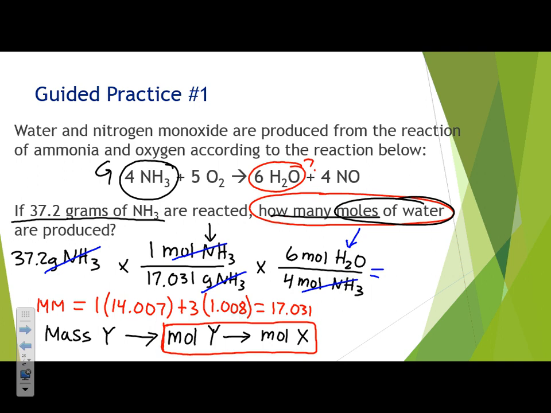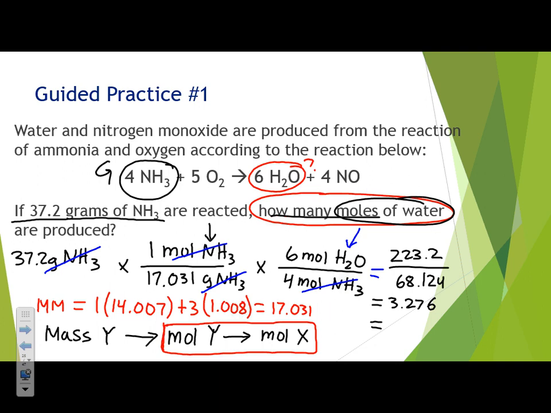So if we calculate this out, on the top we have 223.2. On the bottom we have 68.124. This gives us an answer of approximately 3.276.